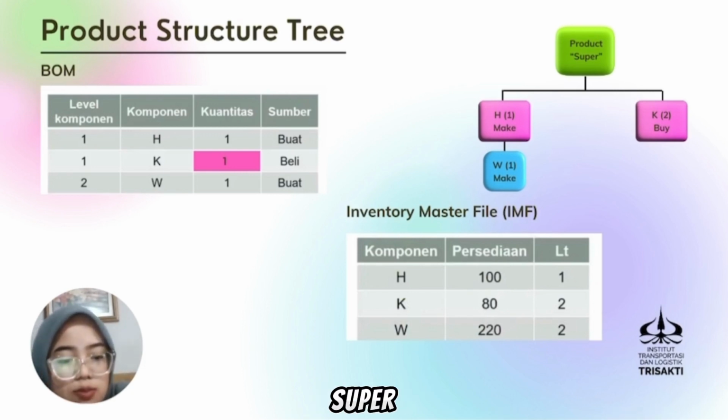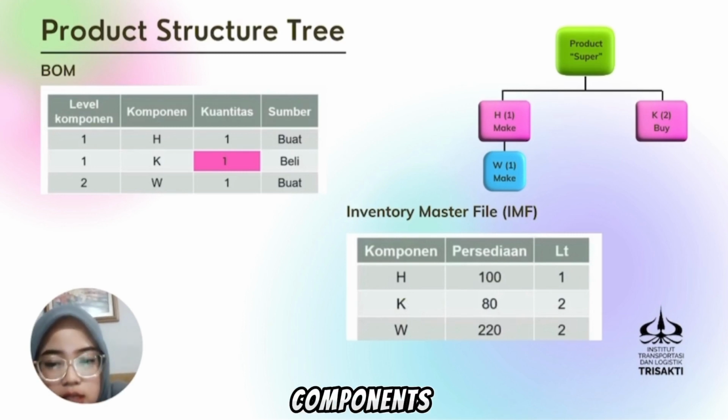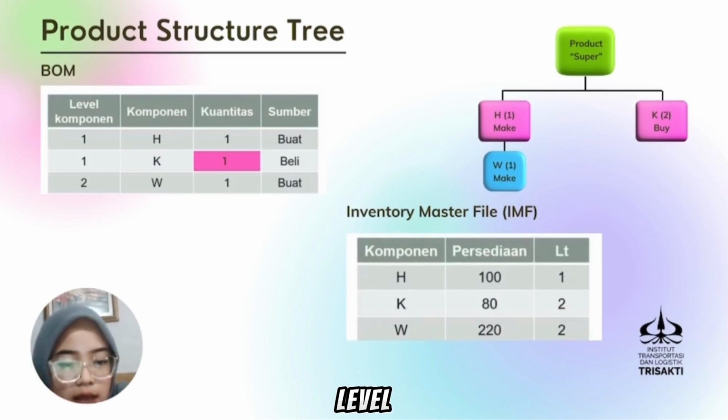Below the product Super there are H and K, and then below H there is W. After we see the product structure, we can proceed to the bill of material. Level 1 has components H and K, Level 2 has component W. For each, the quantity is 1 and 2. Then the source can be obtained by making or buying.